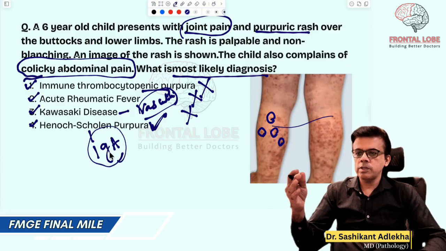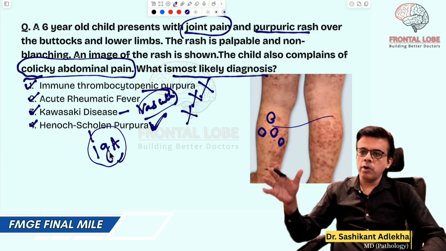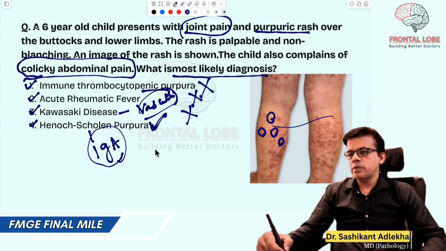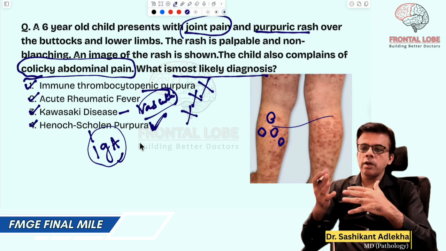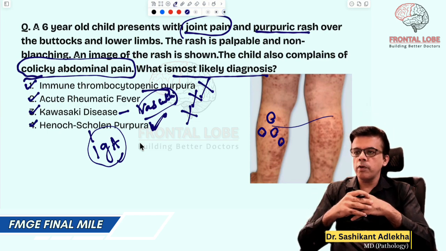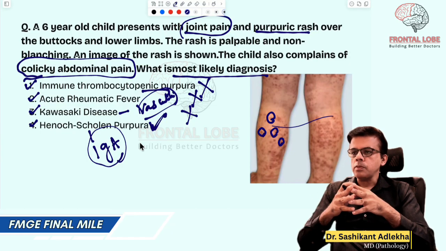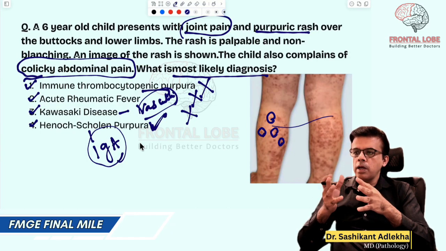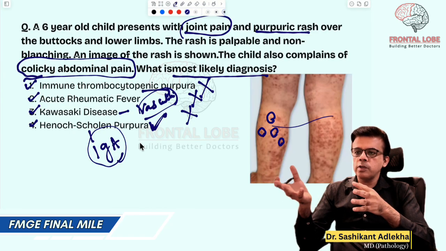IgA deposits in the blood vessels across the body; it circulates and gets deposited in the blood vessels. It is multisystemic, involving the skin, abdomen, and even the blood vessels of the kidney.